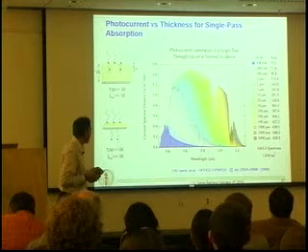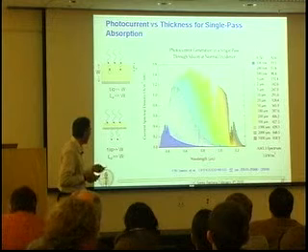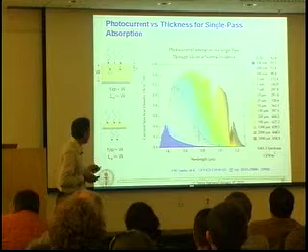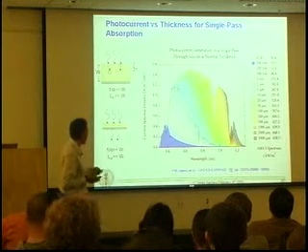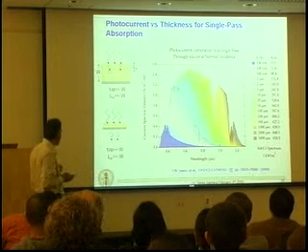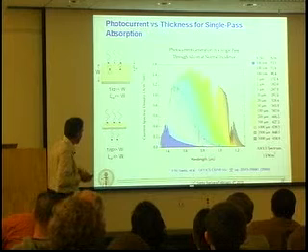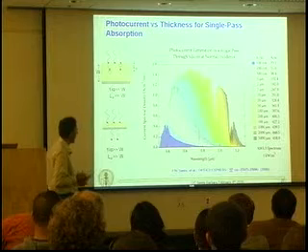And now as I thin it down, you start to see that we start losing the red response around the band edge of the silicon. And in a range of thickness of a few tens of microns, we start taking a big bite out of this spectral quantum efficiency. A lot of the optical power is lost because the cell becomes optically thin. Here, this shows a cell that's 100 nanometers thick, and the optical power that's absorbed is a tiny fraction of the total incident power.